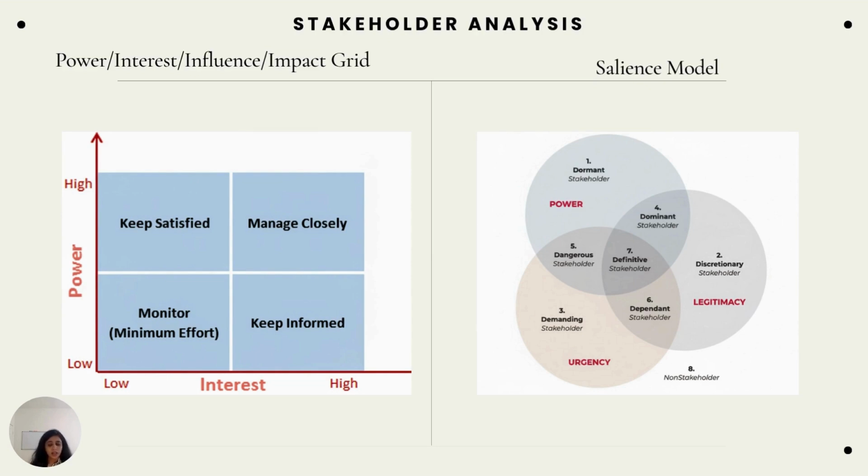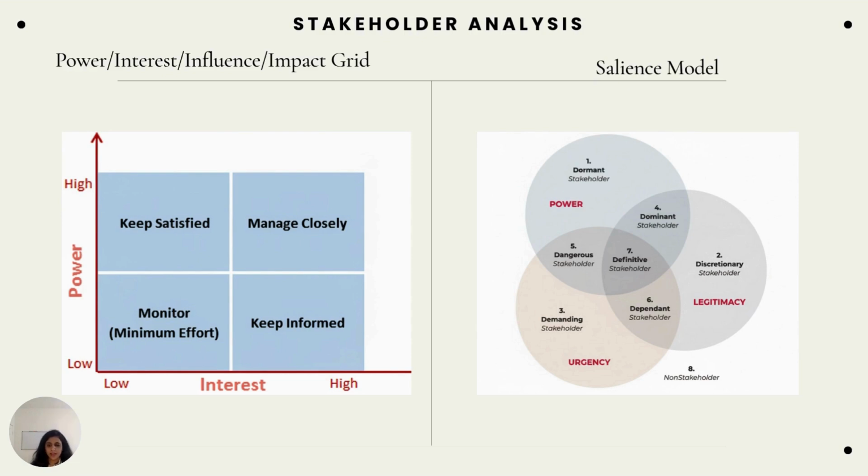Others are, for example, your team members. You have to keep them in the loop and informed and updated on everything, because they have high interest in the project, since they are the ones doing the work. However, they have low power or authority, so you keep them informed. And then there are people whom you just have to monitor, who have low interest and low power.